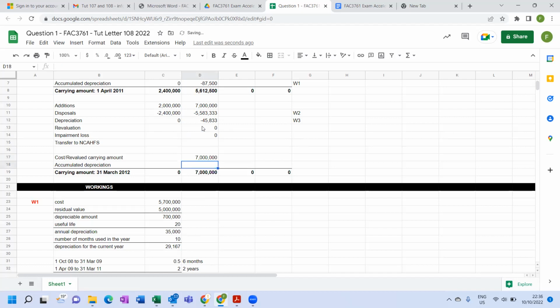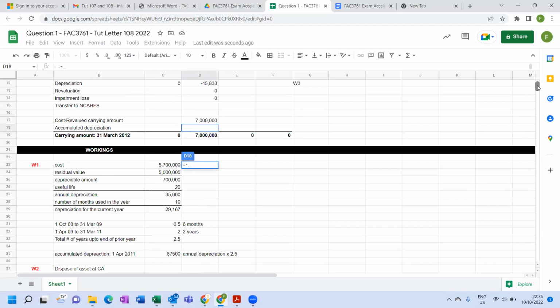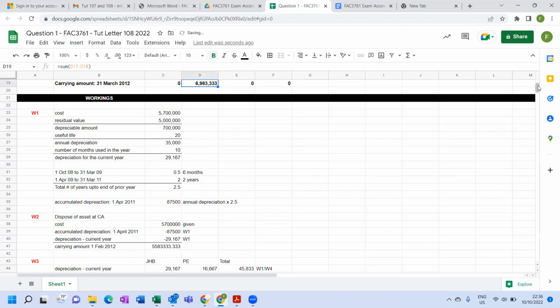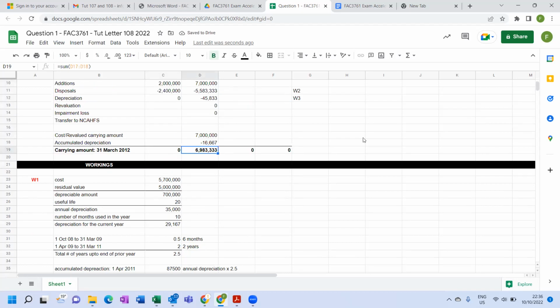And the accumulated depreciation can only be the accumulated depreciation of this one building, which will basically be that amount over there. Okay, so it will be 16,67. So that will be working 4. So it can only be the depreciation of the current year for Port Elizabeth.